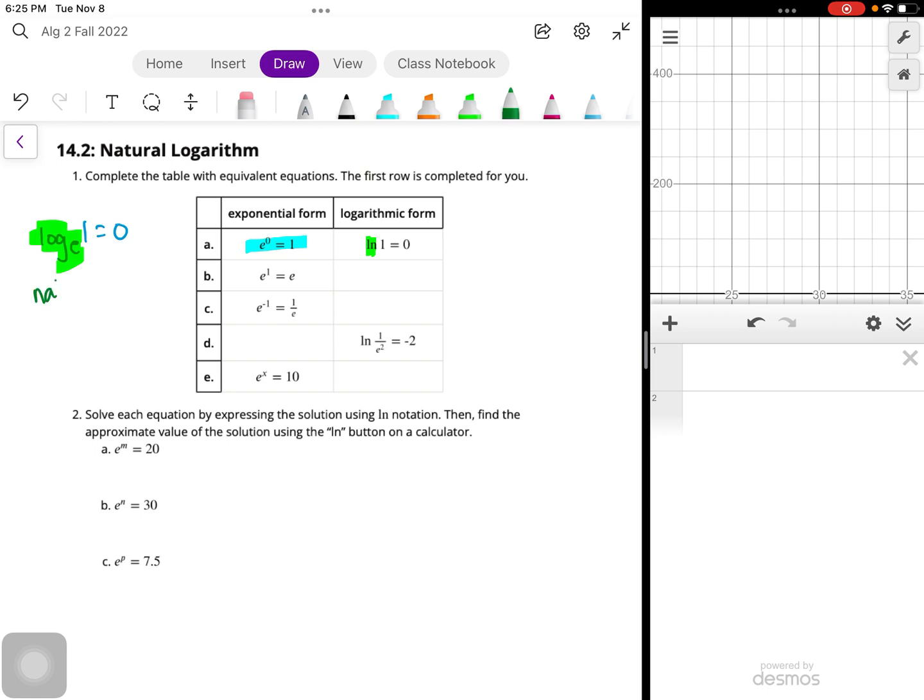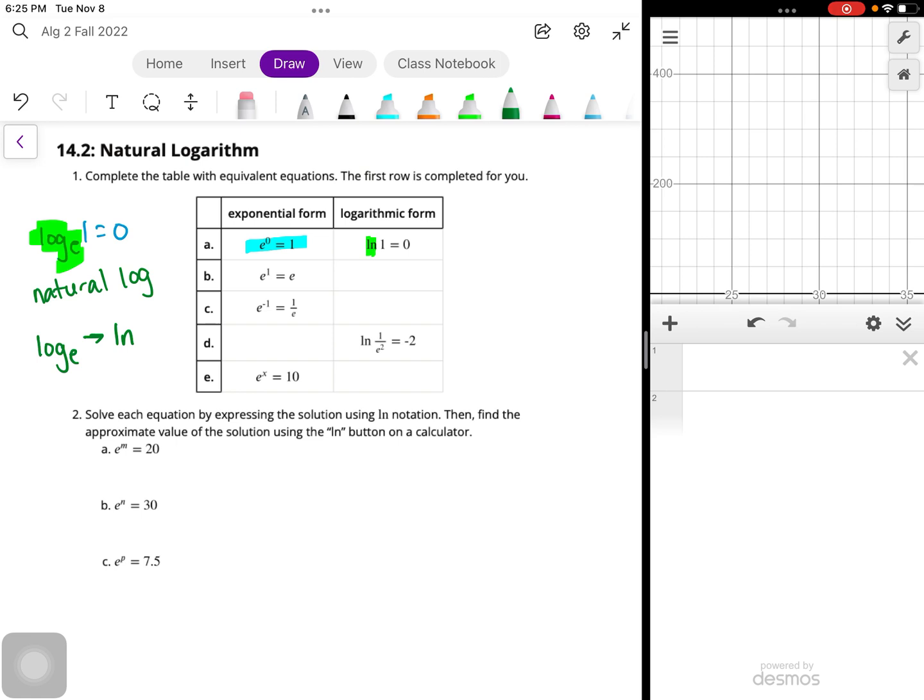That log base e is called the natural log or logarithm. And we just write it with an ln, so you don't have to do log base e. It's just ln. So log base e is the same thing as ln, which we call the natural log, right? And you can think of log natural, ln.